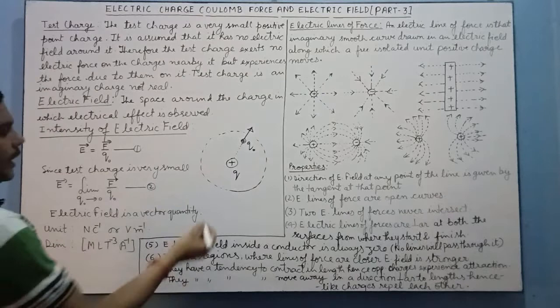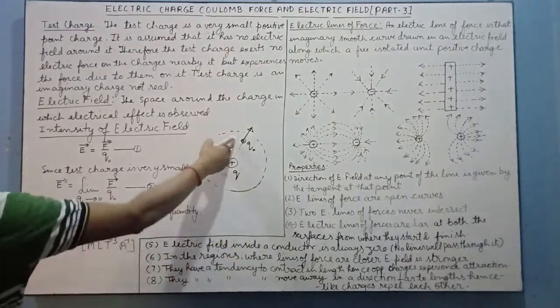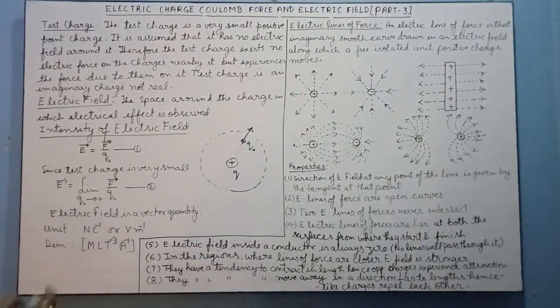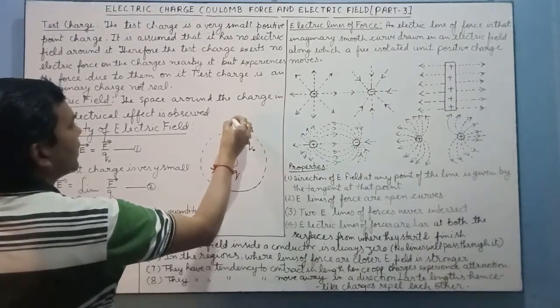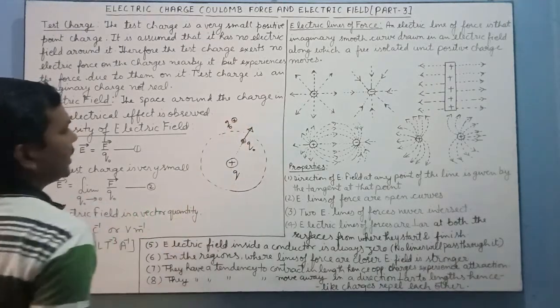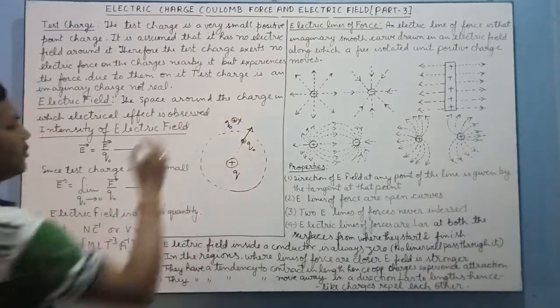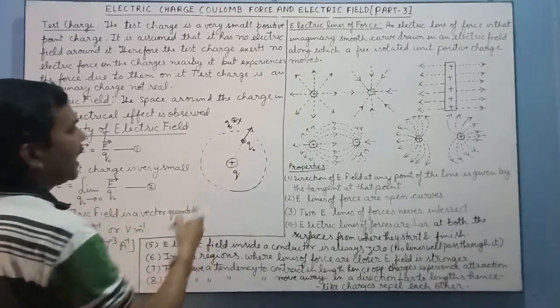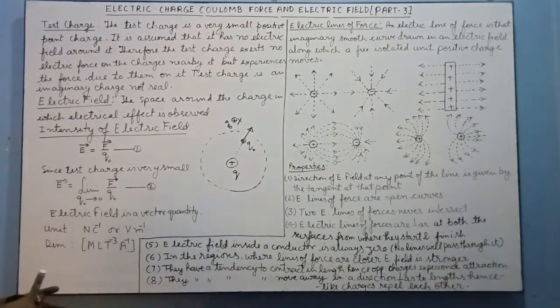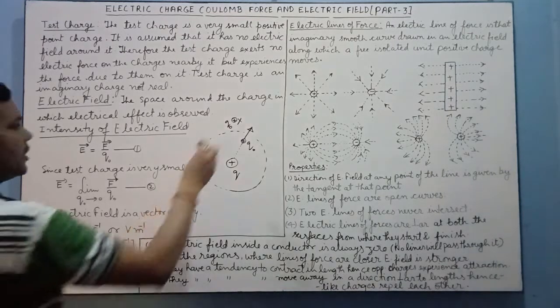So, inside this space, this repulsive force will be experienced, and outside this space, if we place this test charge Q0, there is no force experienced by it. So there exists a space around each charge in which the electrical effect of that charge is experienced. This space is known as electric field.